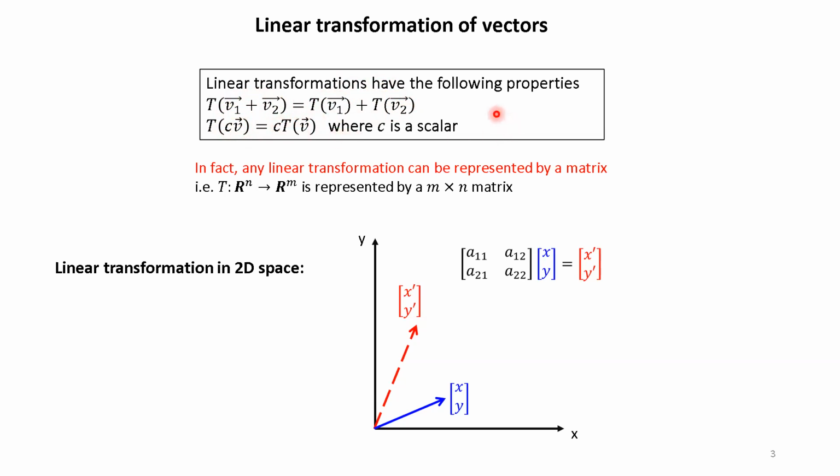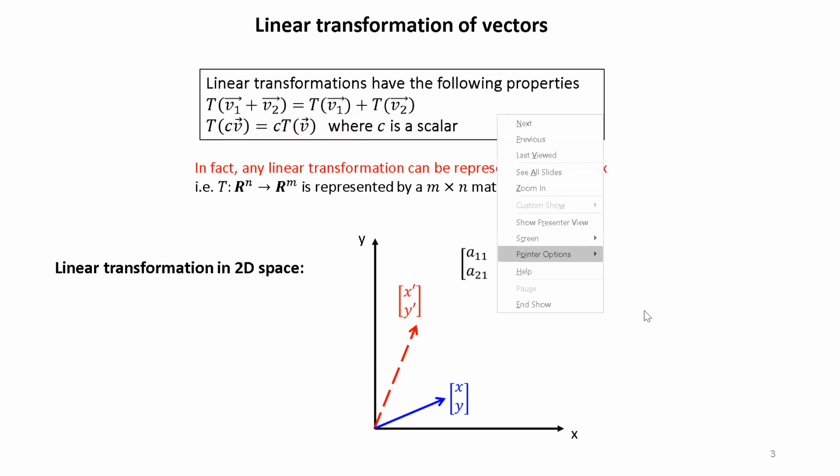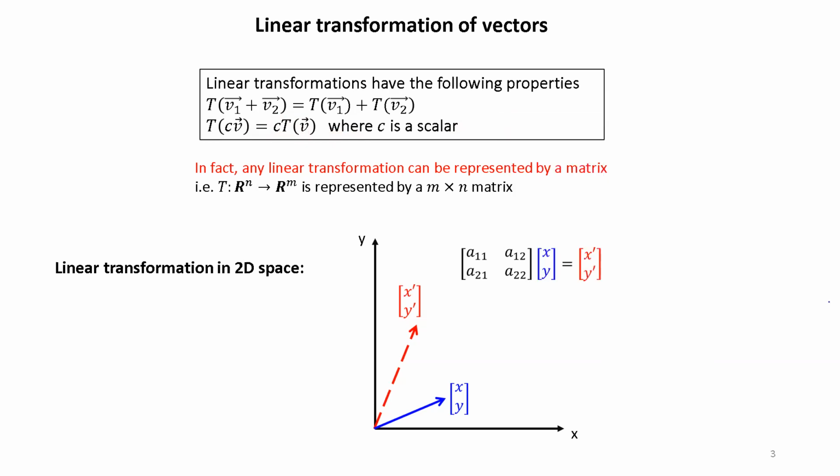From these two properties, you'll be able to conclude that if I take a linear combination of n vectors, scalar a1 times v1, plus scalar a2 times v2, and so on.